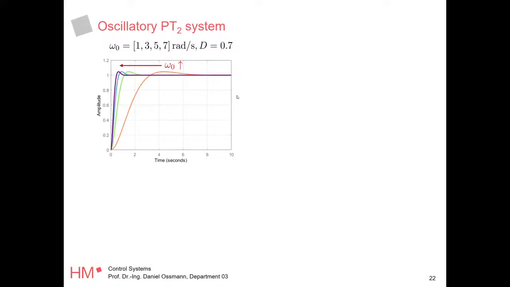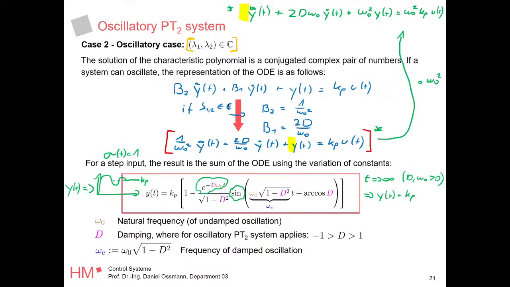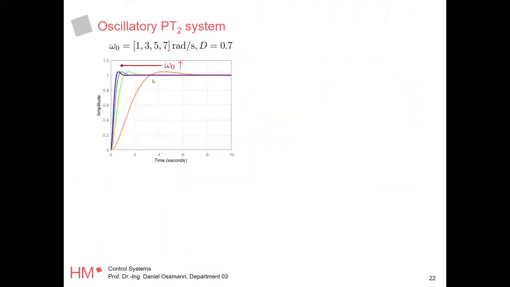Okay, sorry, got lost. This is a PT2 system where I simply kept the damping constant and just changed the frequency. When we increase this frequency, so omega 0 gets bigger, you see the system gets faster.